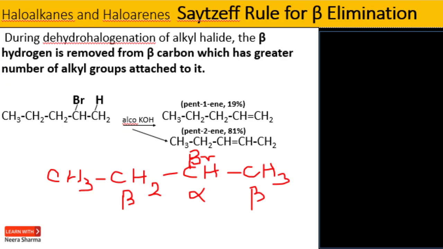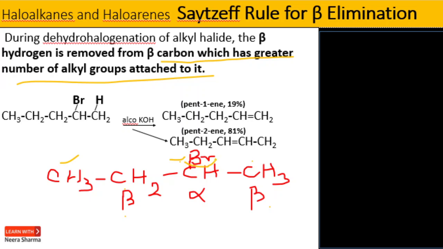If I am having an asymmetrical alkyl halide, the hydrogen is removed from the beta carbon which has a greater number of alkyl groups attached to it. Now this is the alpha carbon, the bromine is attached here. We have beta carbon this side and this side. If I am taking this beta carbon, there are two alkyl groups attached to this. If I am taking this position, there is one alkyl group attached. So it will be removed from where there are more.